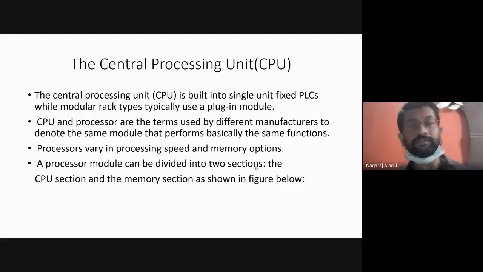Processors have different speed and different memory. The CPU has different speeds at which it operates. If you are using a single processor, single CPU, then the speed will be different. Now you have seen in your mobiles octa processors, quad processors. What is the meaning of that? Quad processor means 4 processors are used in parallel.